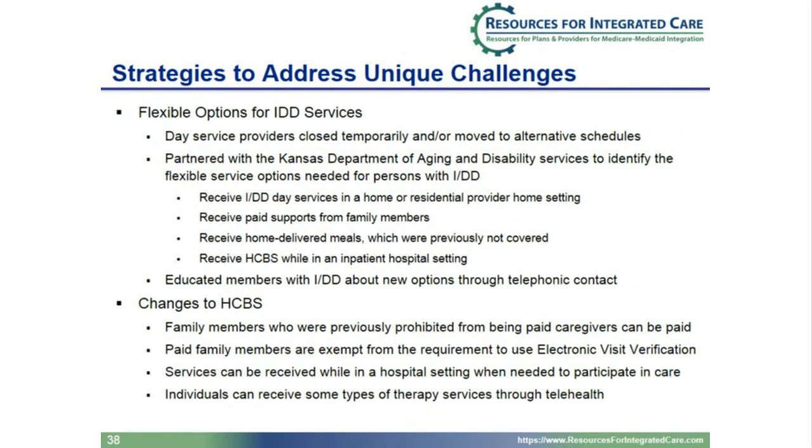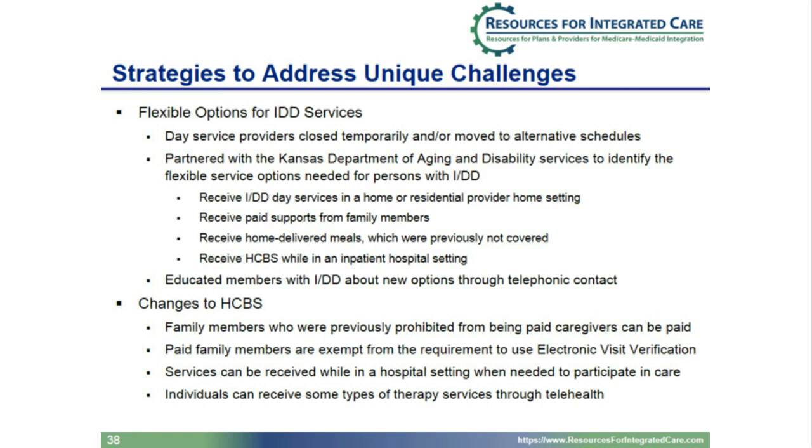We also recognized that our members in home and community-based services needed some different options for how to receive services. Specific to the IDD population, we saw that a lot of day service providers were either closing temporarily or moving to alternative schedules.